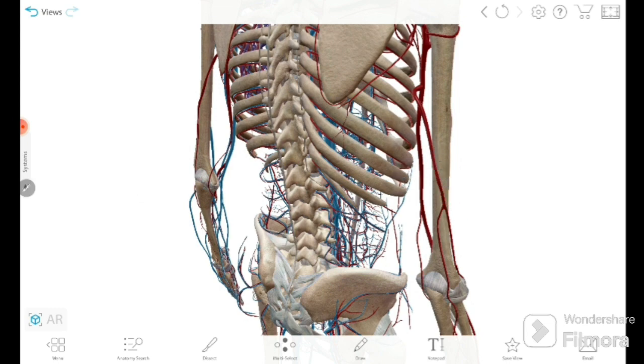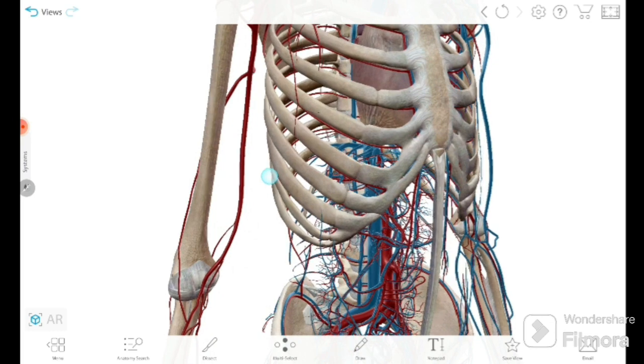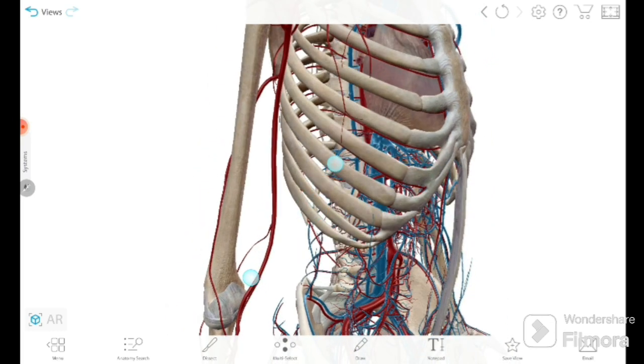Now I told you that the four descending branches will be coming from the brachial artery. So first are the ulnar collateral arteries. One is the superior ulnar collateral artery, which you can see is arising more superiorly, and this one, arising more inferiorly, is the inferior ulnar collateral artery.